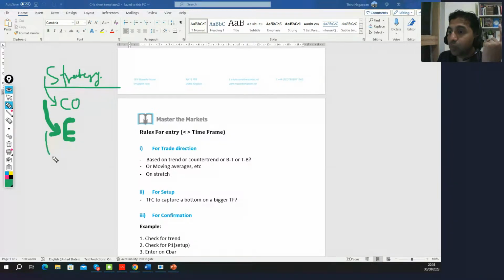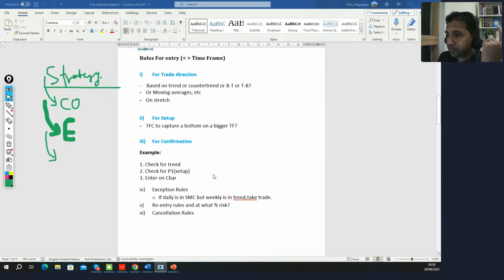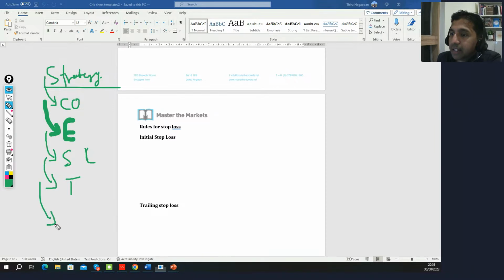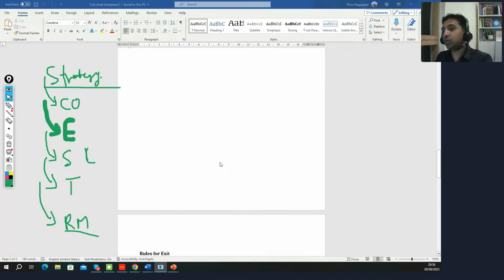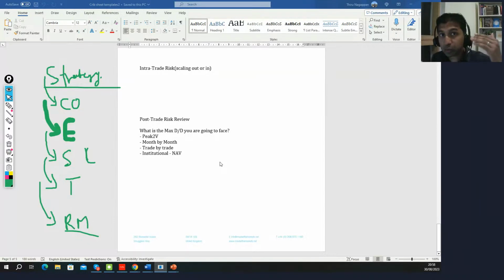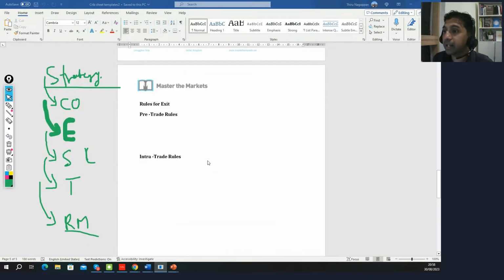And what was the other one? Yes, some of you are getting it right: the stop loss component. And then the fourth component was the target component, and finally the last one being the risk management component. We covered all of these, traders, in all our previous parts and went into much more detail as well. So I highly recommend you go and watch the previous parts.